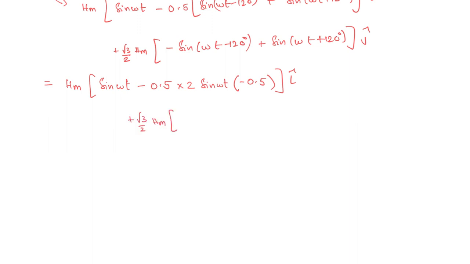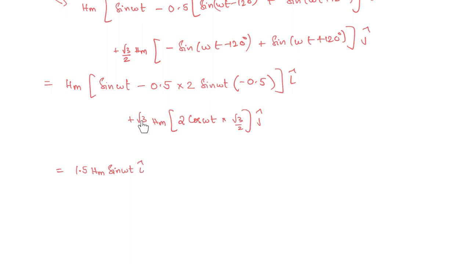Similarly, you're going to get here 2 times cos omega t into sine 120. Sine 120 is root 3 by 2. This is J cap. So finally, you're going to get here sine omega t plus 0.5 sine omega t. So what will it be? 1.5 sine omega t. So you can write 1.5 Hm sine omega t I cap.